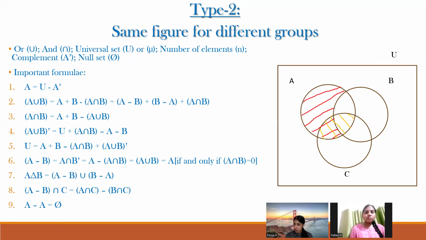The yellow lines represent A intersection C, and the red lines indicate A difference B.